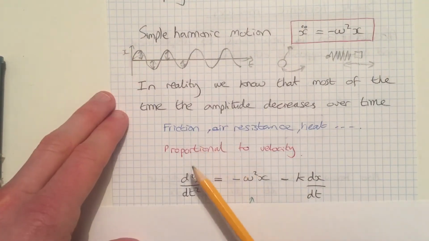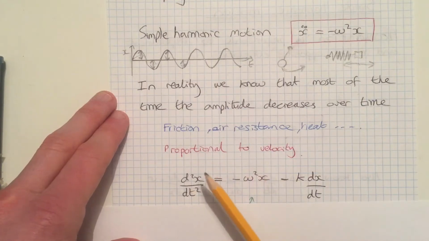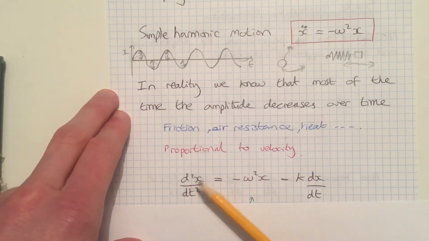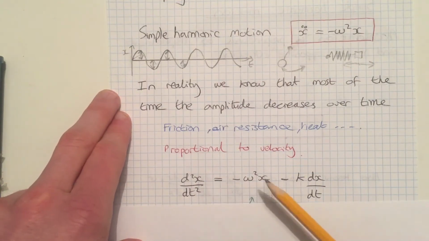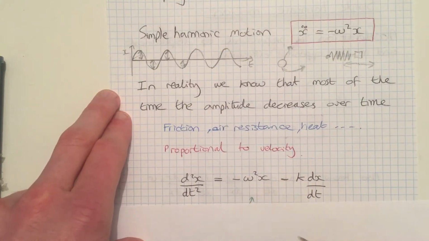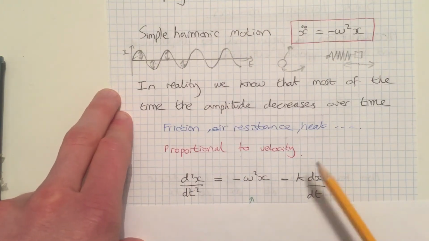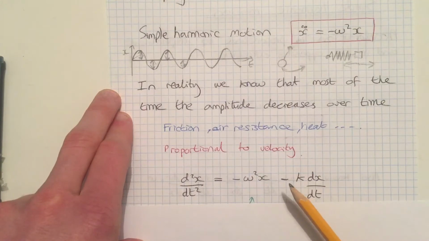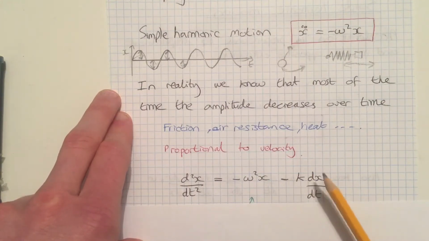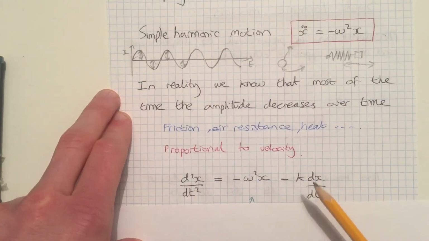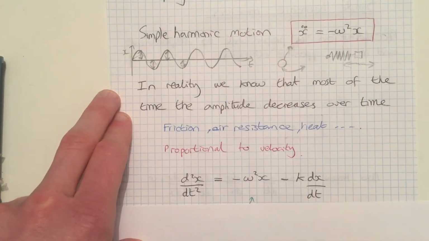The first bit is exactly the same as before: the acceleration is proportional to the displacement but in the opposite direction. And then the acceleration is also decreased by this frictional force, which is proportional to the velocity.